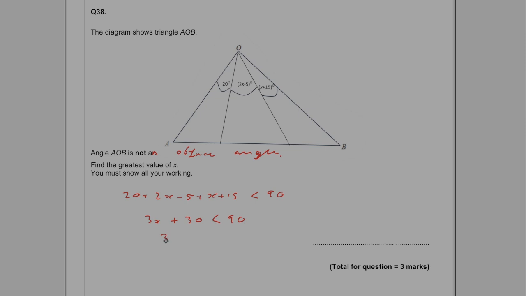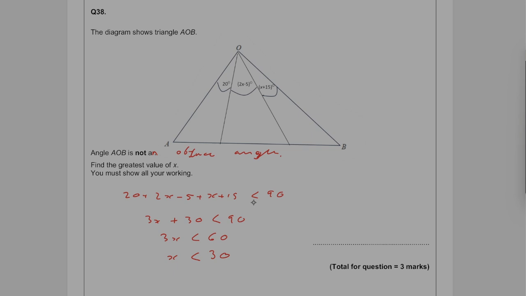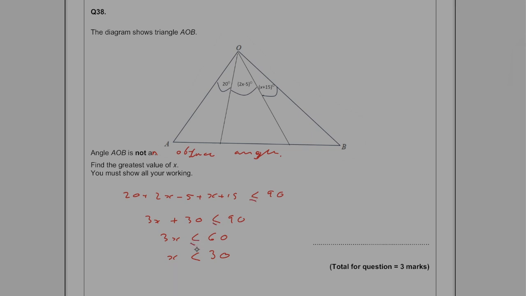Minus 30 from both sides, 3x has to be less than 60. So divide both sides by 3, x has to be less than 30. And again, technically, it's got to be less than or equal to 90. So I'm going to say 30.